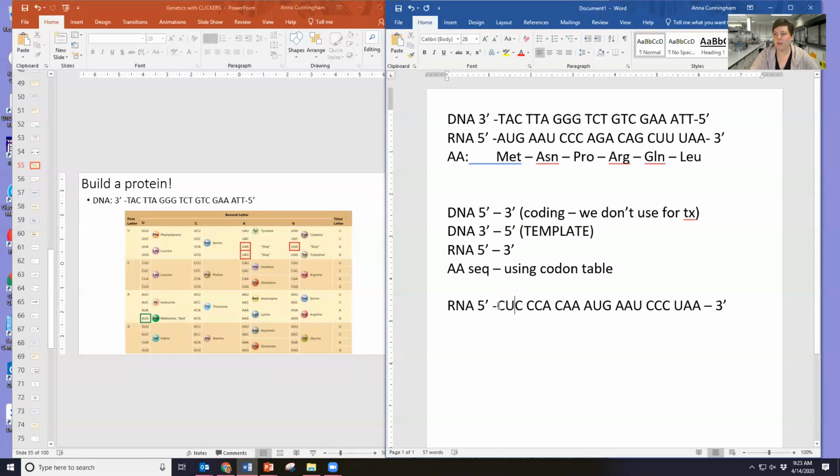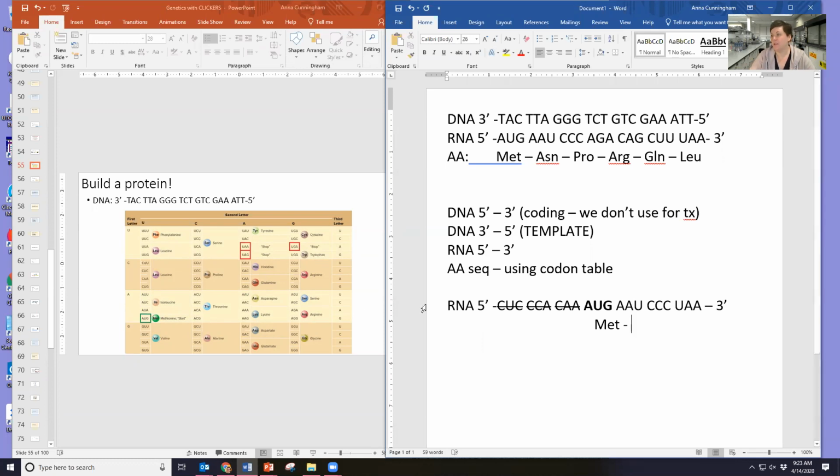CCA is proline, not a start codon. CAA is glutamine, not a start codon. And then we finally get to AUG. Translation does not start until we get to AUG.